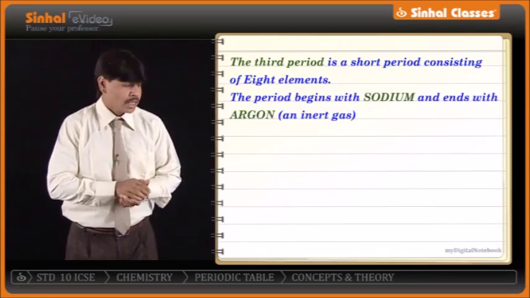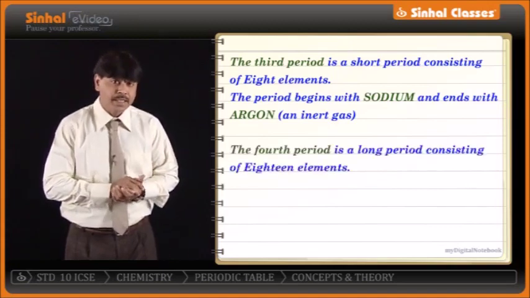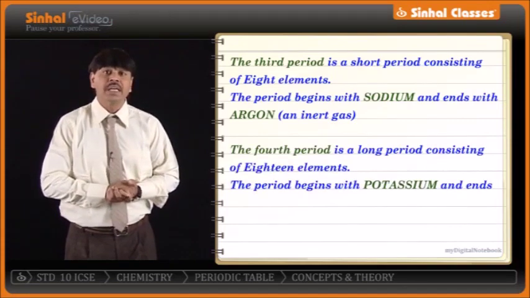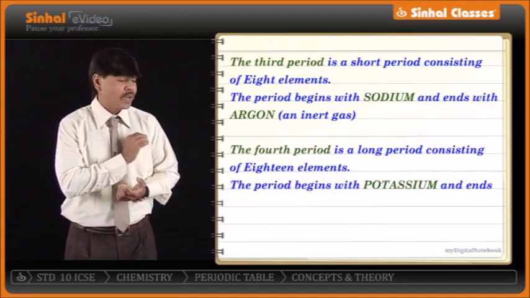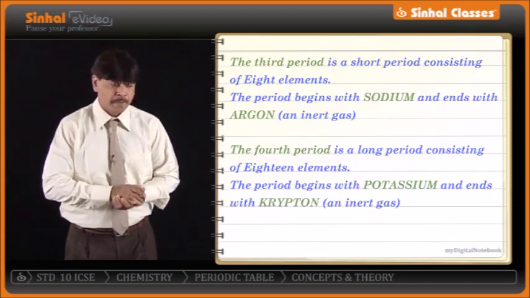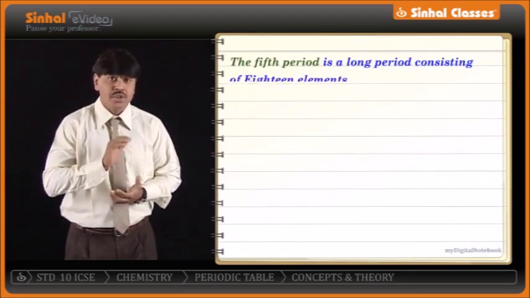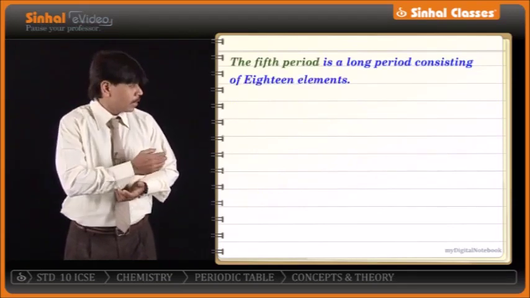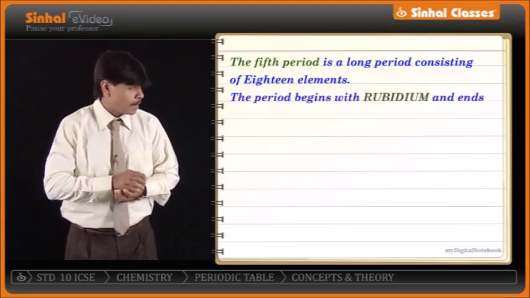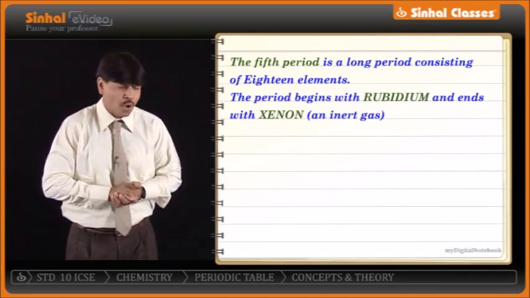The fourth period is known as a long period, consisting of 18 elements. It begins with potassium having atomic number 19 and ends with krypton having atomic number 36. The fifth period is also known as a long period, consisting of 18 elements. It begins with rubidium having atomic number 37 and ends with xenon with atomic number 54.